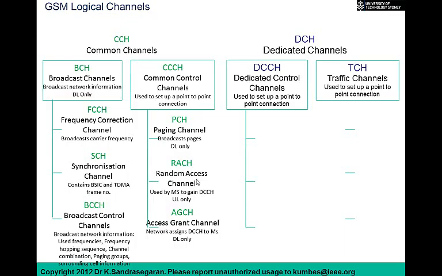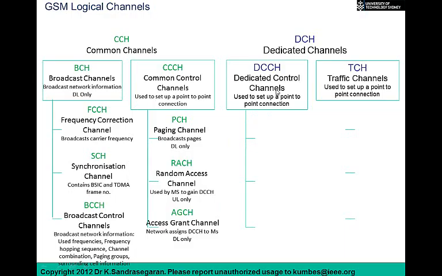So for example, when you make a call, you try and send information on the uplink to the network on the RAC, and if the RAC is successfully received by the base station and the base station has sufficient resources to allocate to the mobile, then on the access grant channel, which is a downlink channel, the network allocates the dedicated control channel.